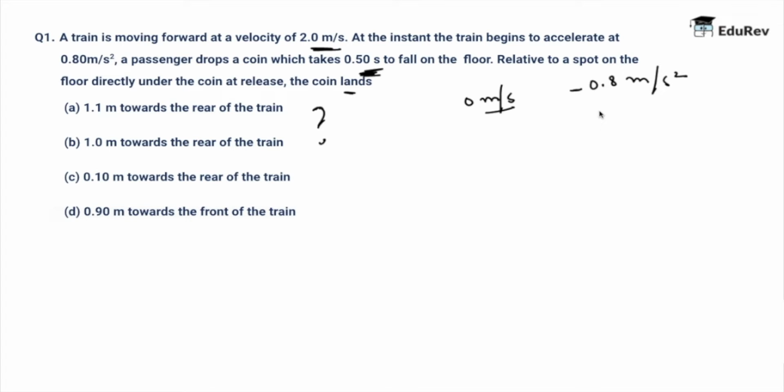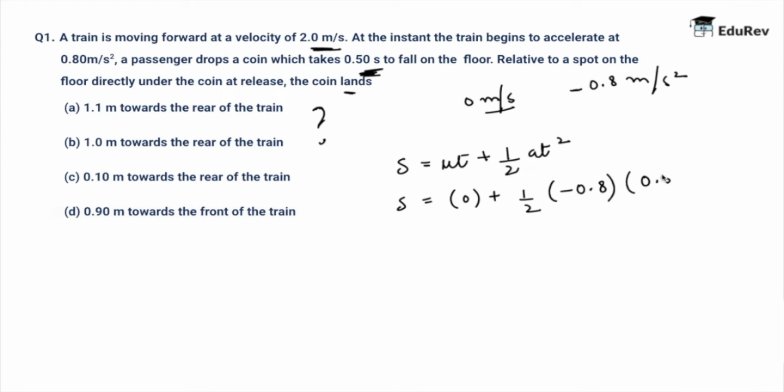Then, by using second equation of motion, we can write that x equals to ut plus half at square. So, s equals to 0 plus half into negative 0.8 into 0.5 square. So, s is going to be nothing but negative of 0.1 meters.